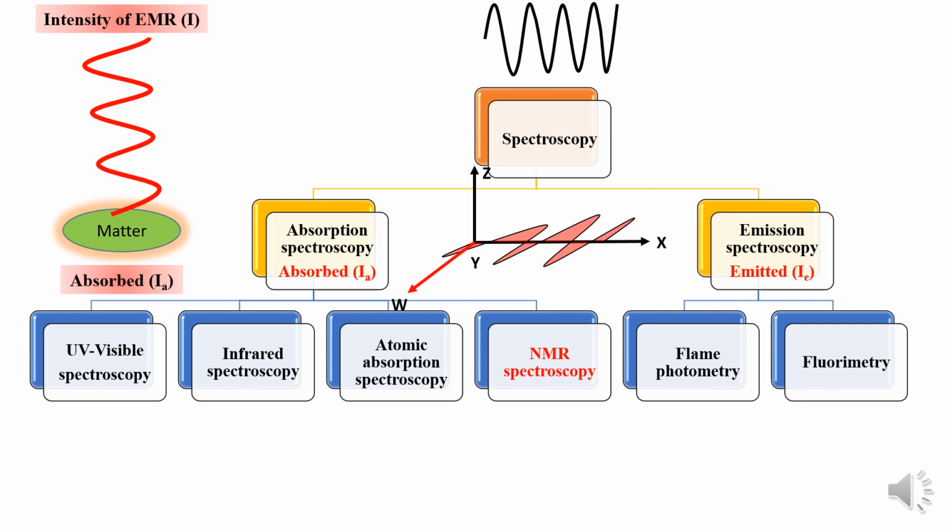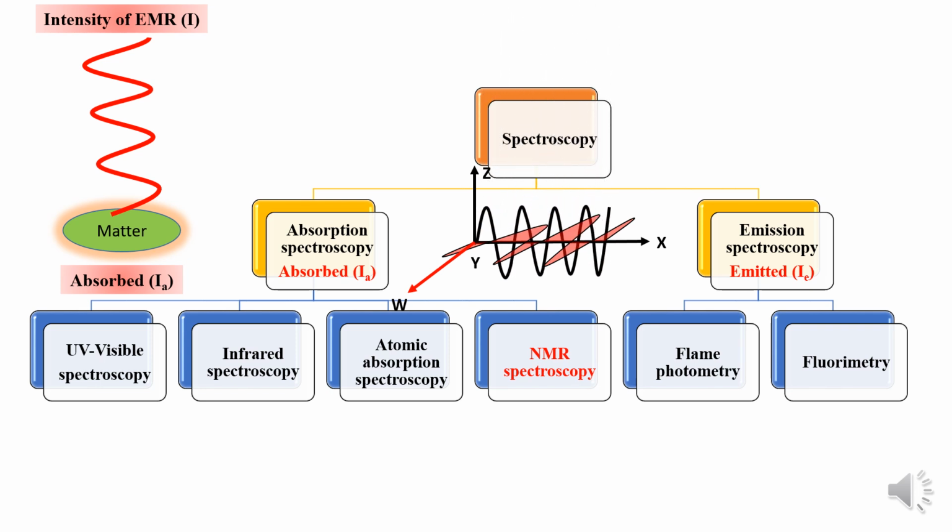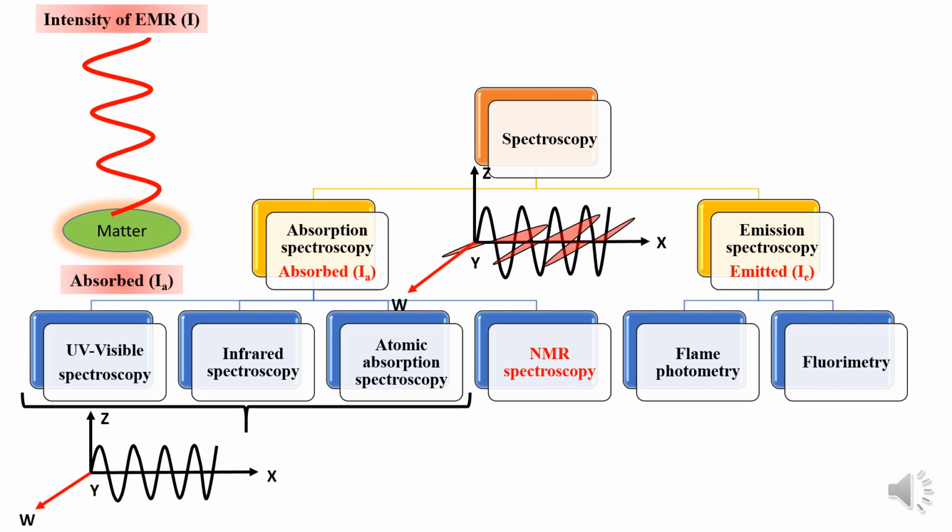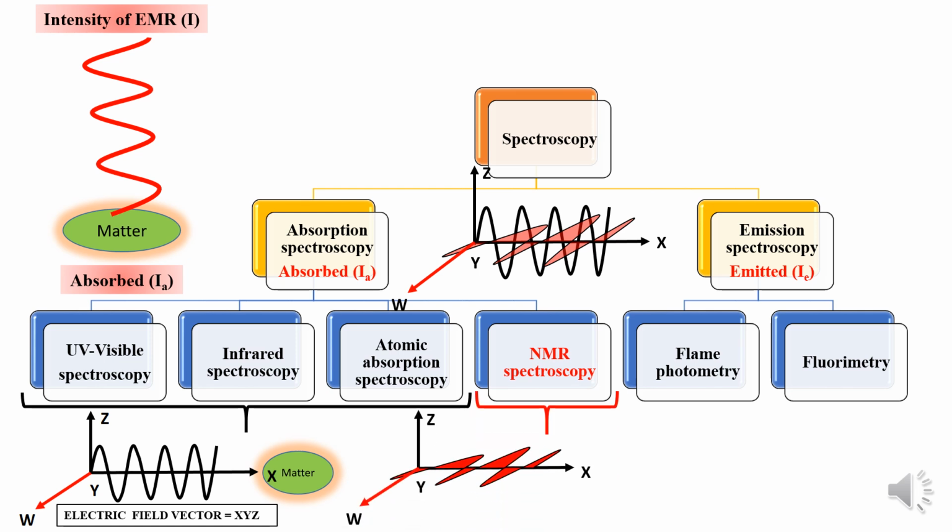These two components are mutually perpendicular to each other, oriented at right angles. When the radiation strikes the matter, one of the components interacts with the matter. In case of UV visible spectroscopy, infrared spectroscopy, and atomic absorption spectroscopy, it is the electric field component of the electromagnetic radiation that interacts with the matter, while in case of NMR spectroscopy, it is the magnetic field component that interacts with the matter.